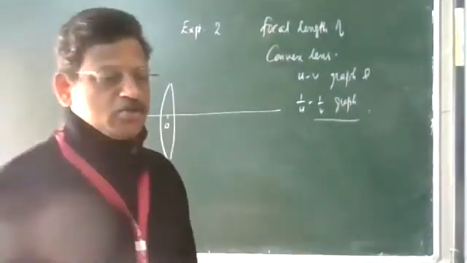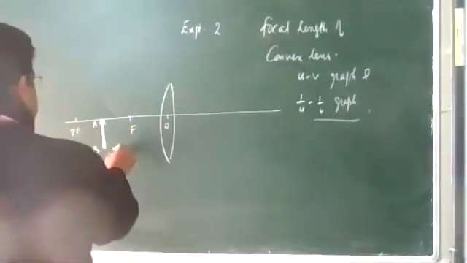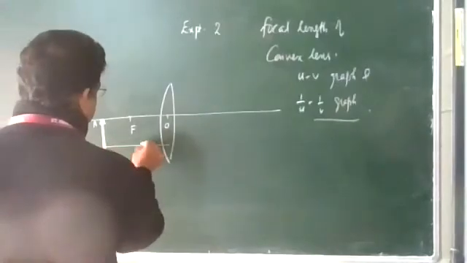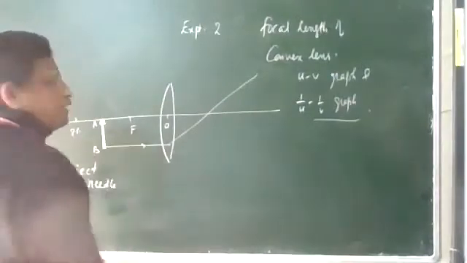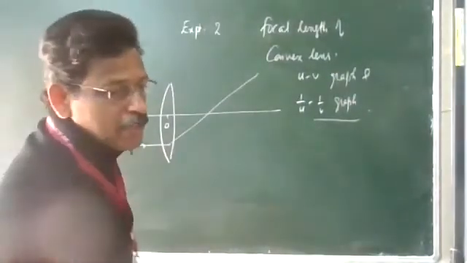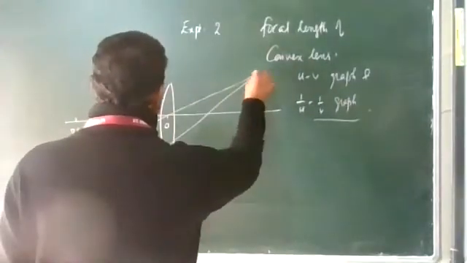And you see the inverted image is found beyond 2F. You can make the ray diagram. The ray goes through the optic center without any deviation.